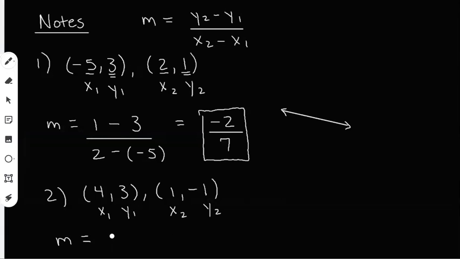That's going to be negative 1 minus 3. And then in the denominator, I'm going to have the x values. That's going to be 1 minus 4. So then on the top of the fraction, I have negative 1 minus 3. That's negative 4.